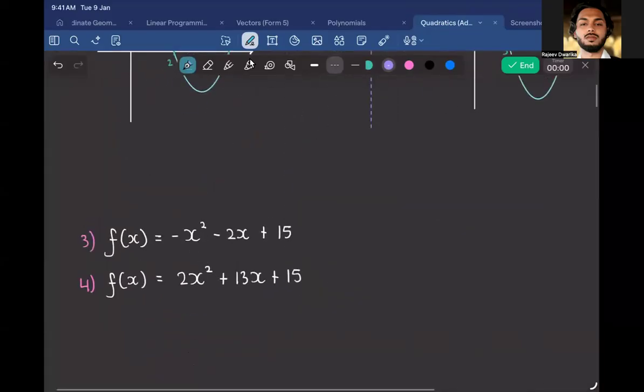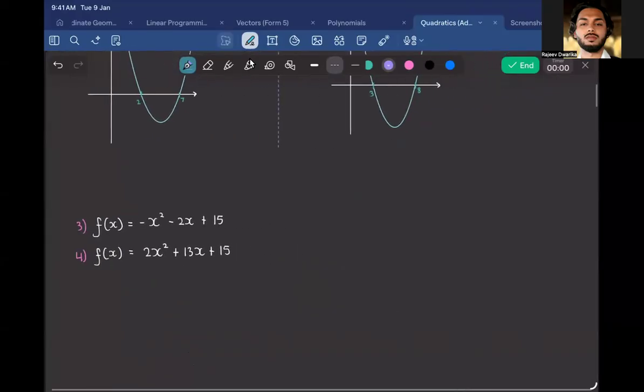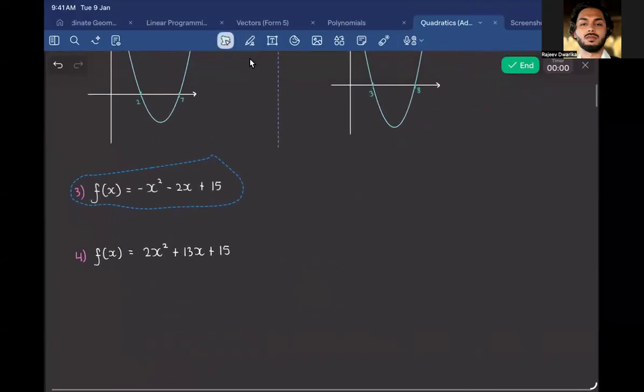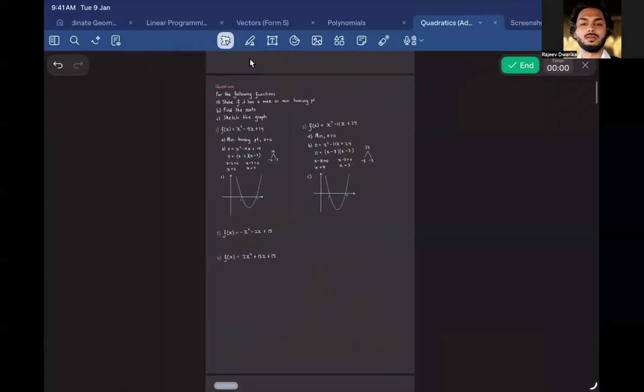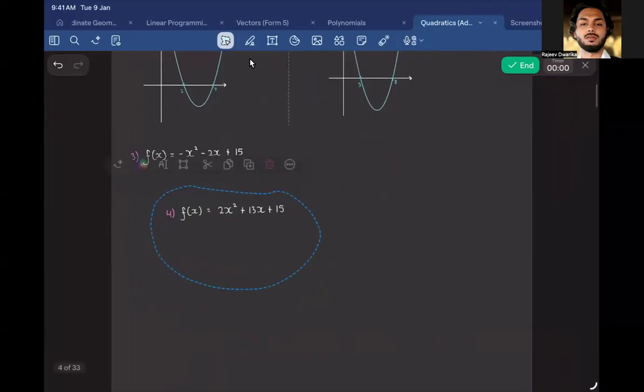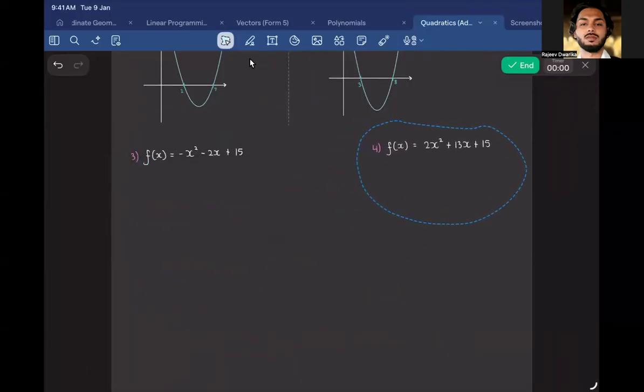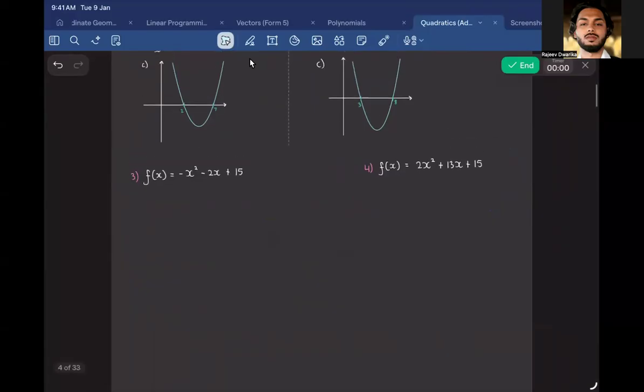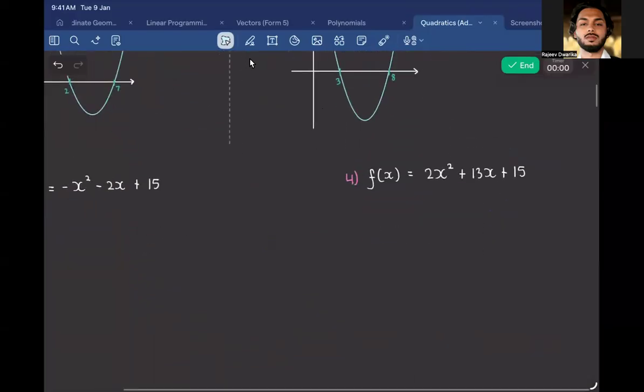Serena, I know you prefer the white notes because you could print it. That's true, because I could print it. I think one of you told me that.